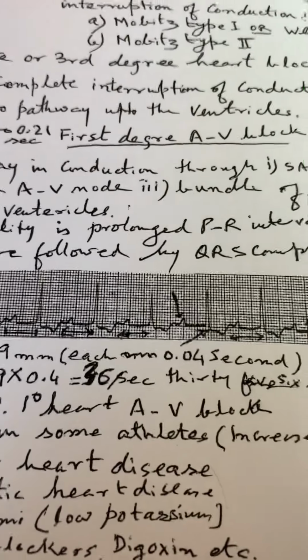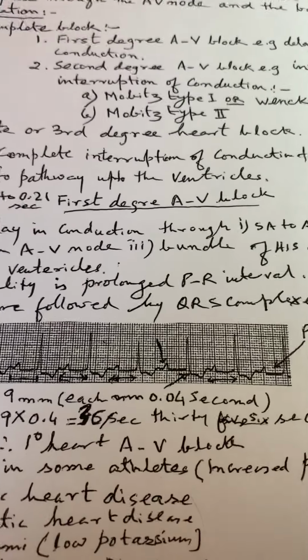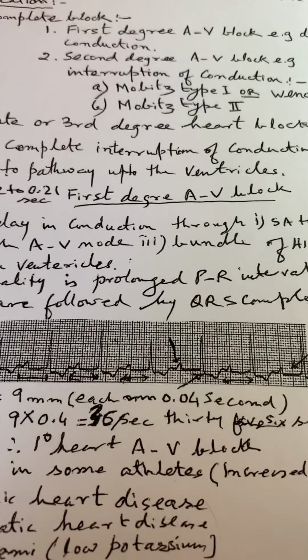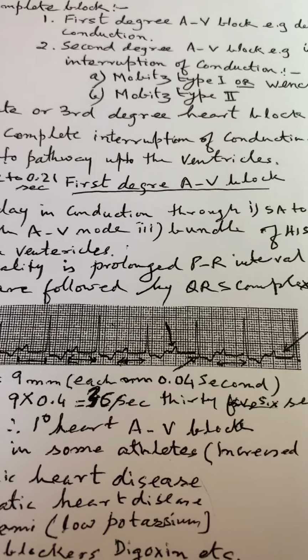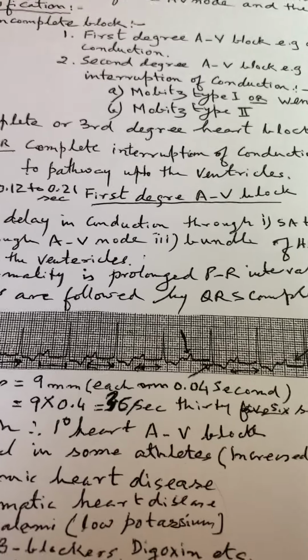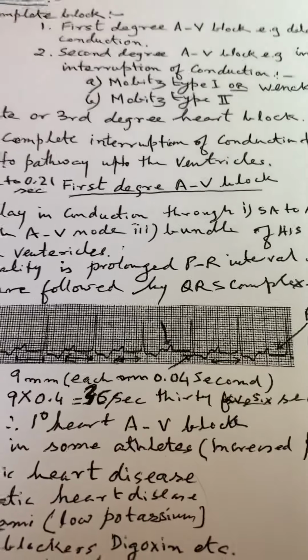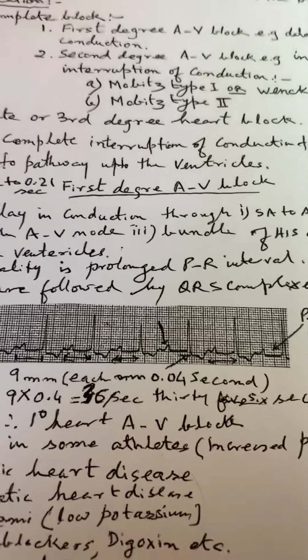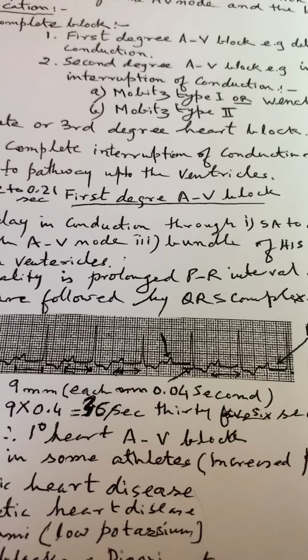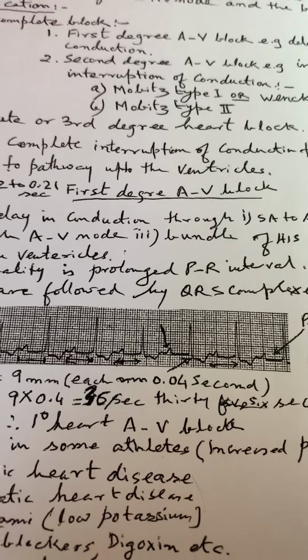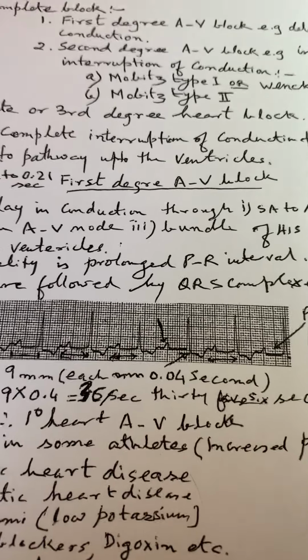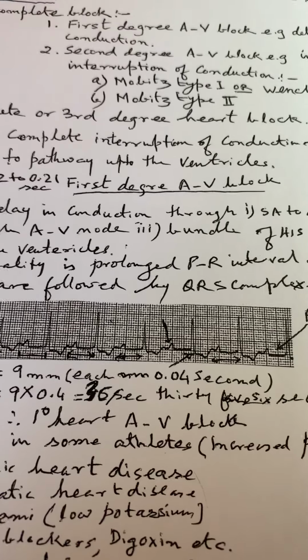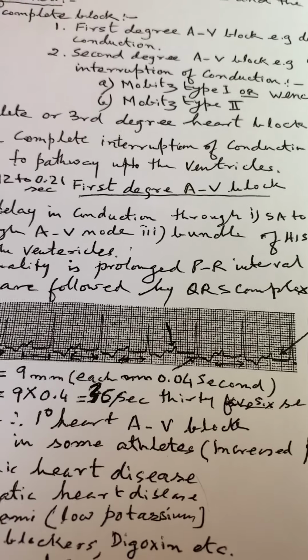Now let me remind you one thing, that the heart has two major muscle groups. One is the atrial group of muscle, another is ventricular, and in between there is a fibrous ring known as the AV ring, because it lies between the atrium and ventricle.